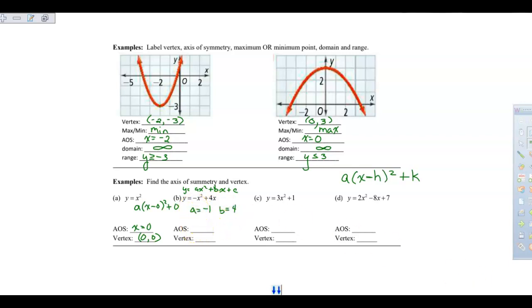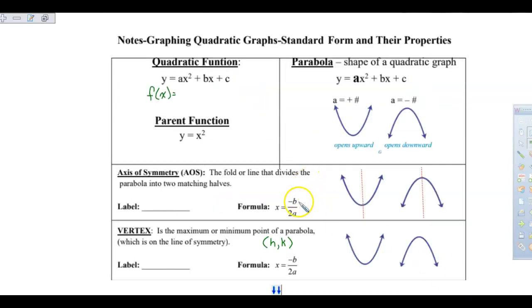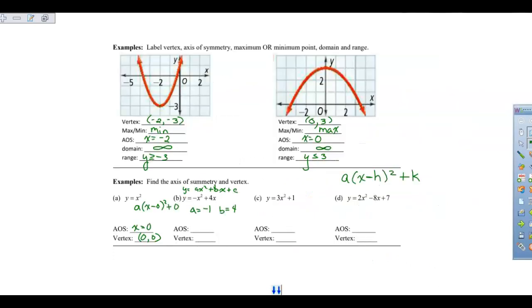And I can use that formula, remember the formula from here, where x is negative b over 2a. So if I use that negative b over 2a to equal x, in this case, my a is negative 1. Oops, sorry. My b is 4.